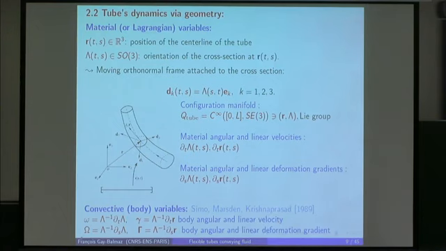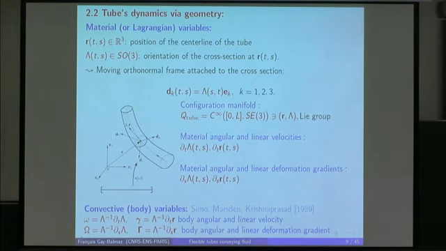So these are the same velocities and deformation gradient, but seen from a body frame, so seen from an observer that is attached to the frame here. It simply amounts to multiplying on the left by the rotation inverse, right? And you get 4 variables. So keep in mind these 4 variables because they will appear everywhere.